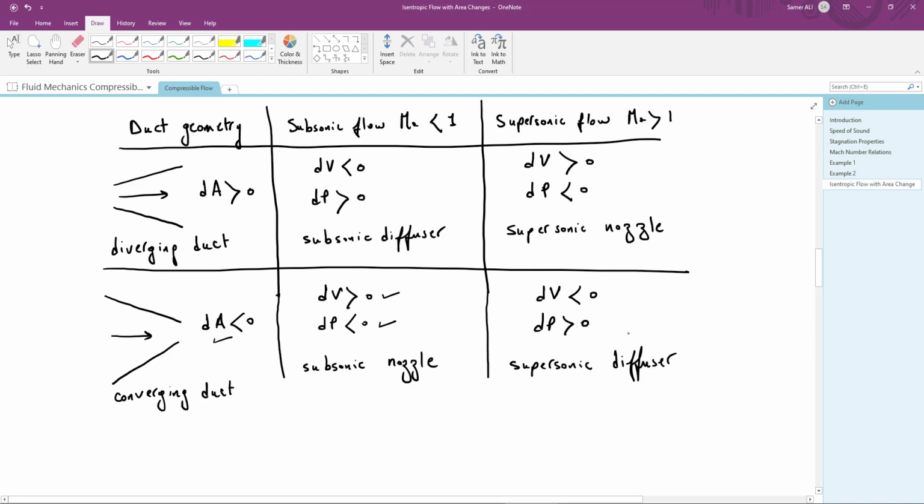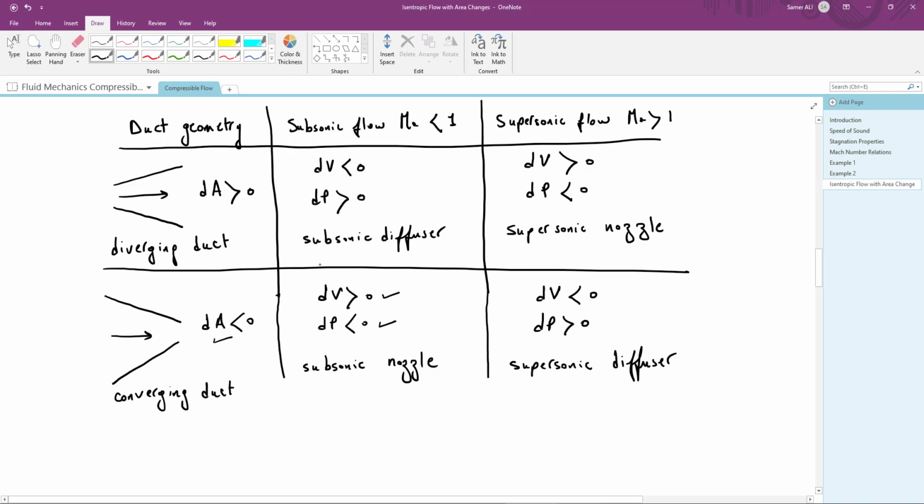Okay. So this is a very important conclusion here in this lecture. Maybe because in the case of subsonic flow, you already know this. When the area increases, the velocity will decrease and vice versa. However, in the case of supersonic flow, as we said, this is counterintuitive. And if you have a diverging duct, the fluid will accelerate.